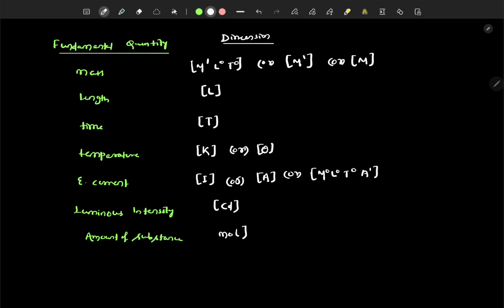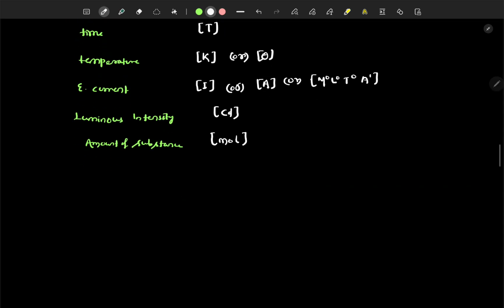Okay, MOL dimension. So let's start finding dimensions of derived physical quantities. So many quantities are there in physics, but we have to find the dimensions of some general quantities. First quantity is, suppose, area. And what is the formula for area?